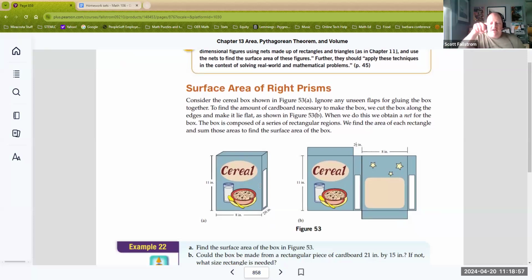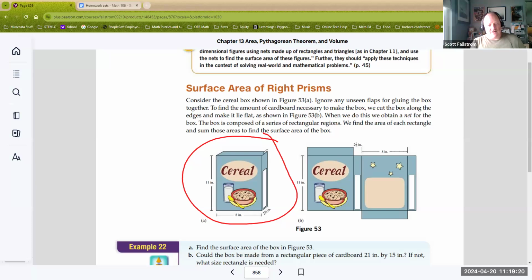If you cut all of the pieces away in a cereal box, just as they are, you will end up with a number of smaller polygons. And I think that's the piece I want to talk about here: when we're talking about these shapes, we're going to turn them into shapes we already know. So we may not have this as, what's the area of this shape, but what we do is we unfold it.